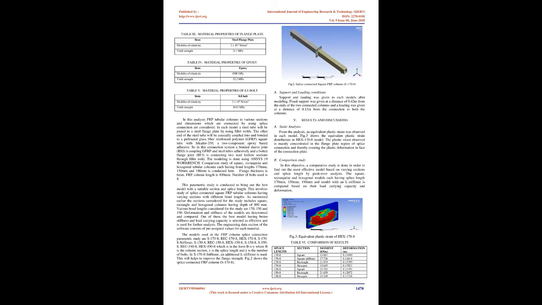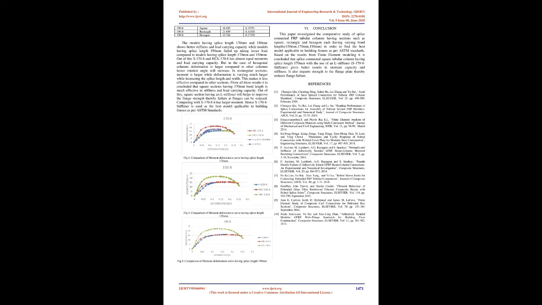Various bond lengths considered for the study are 170, 150 and 190 mm. Deformation and stiffness of the models are determined and compared. Out of these, the best model having better stiffness and load carrying capacity is selected as effective and is used for further analysis. The engineering data section of the software consists of pre-assigned values for each material.